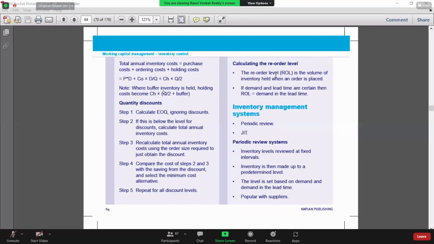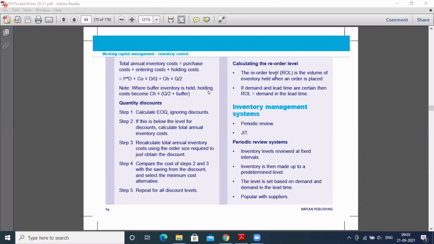Generally, the total annual inventory cost is equal to the total purchase cost plus ordering cost plus holding cost. If you add all these, then we'll be getting the total annual inventory cost.